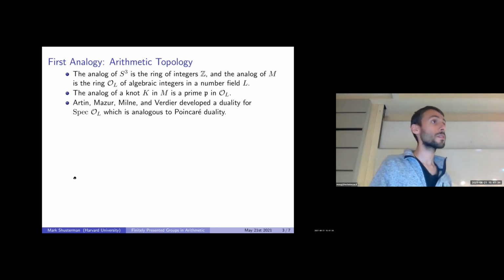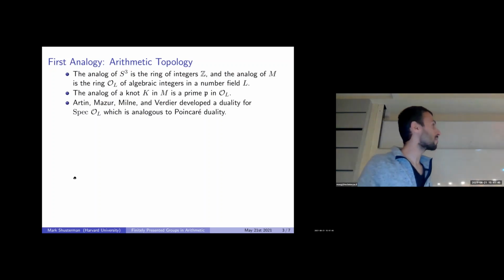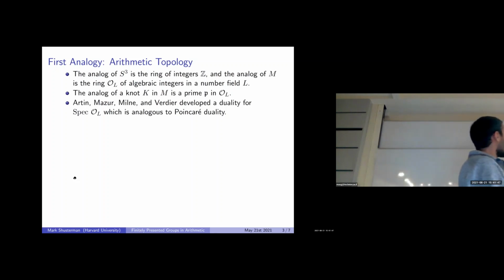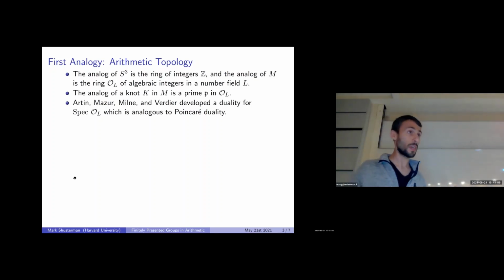The duality on the previous slide was for dimensions n and 3 minus n. Exactly. This is very good. Exactly the same dimension. So the whole point of this analogy is that the spectrum of the ring of integers in the number field, as a scheme, if you want, behaves like a three-dimensional topological object, if you view it from the point of view of cohomology, whether it's flat cohomology, Galois cohomology, or étale cohomology.